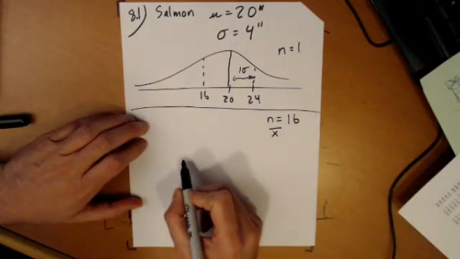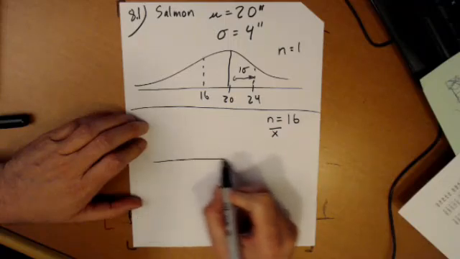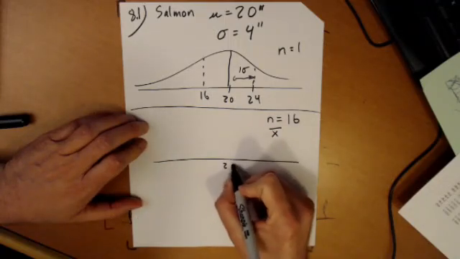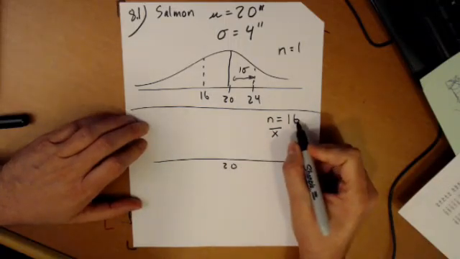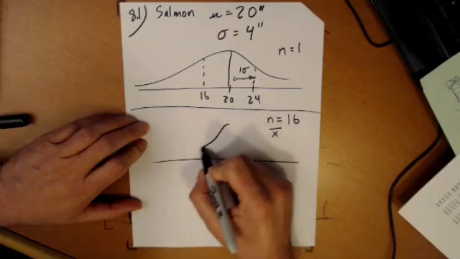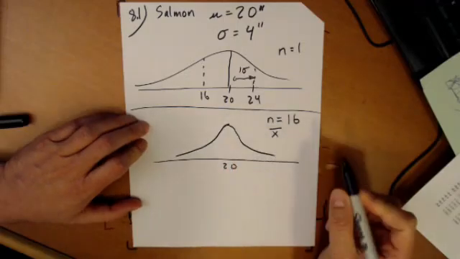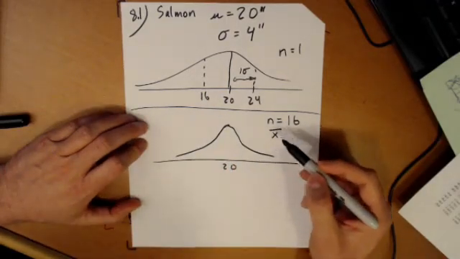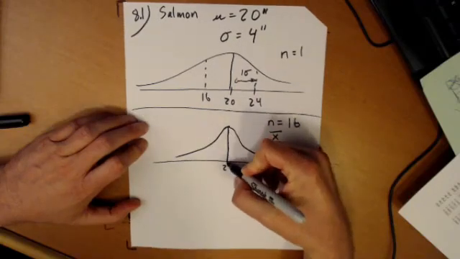So if we were to draw that, imagine if I were to draw a similar picture. If I were to look at a group of 16 salmon and look at their X bar, the mean X bar should be really, really close to 20.